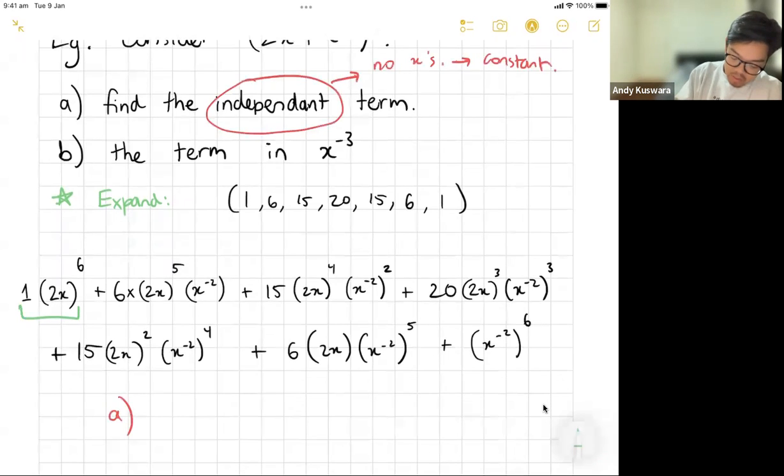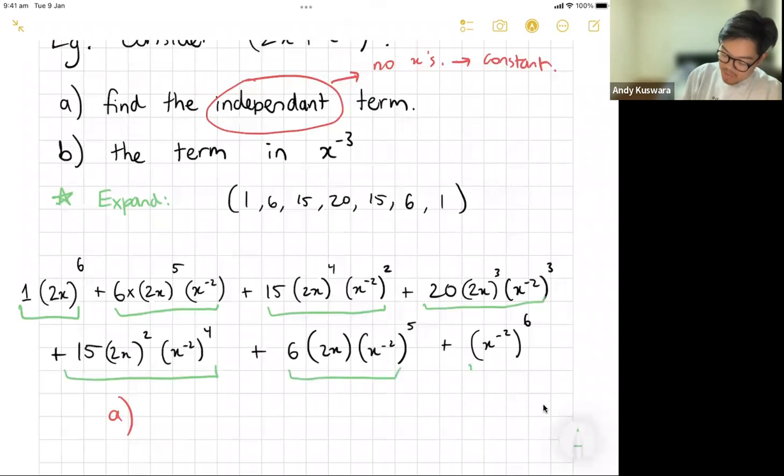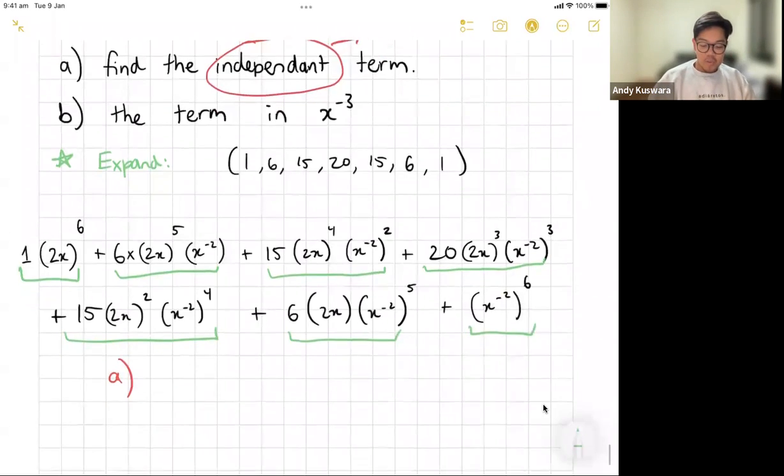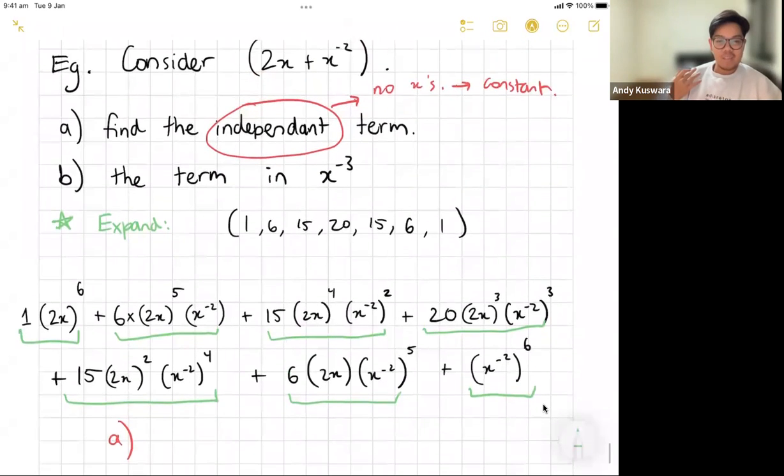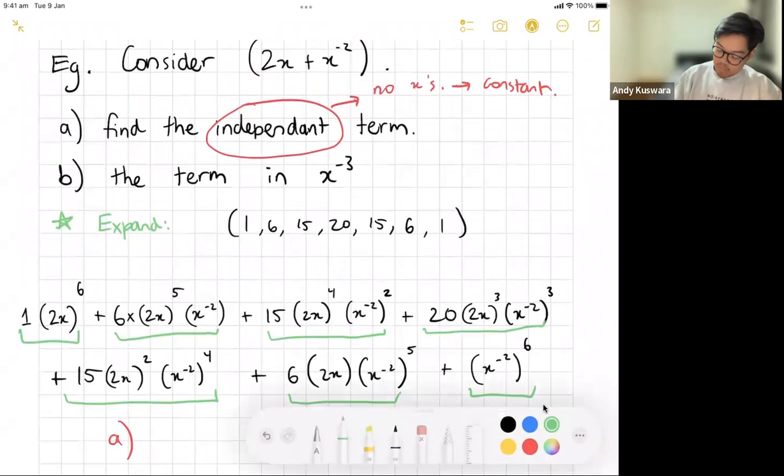It's either going to be that term, that term, that term, that term, that term, that term, and that term. Those are my 7 different terms, and I'm looking for the one that's independent. That means there's no x's, or in other words, it's a constant. There's no variable.